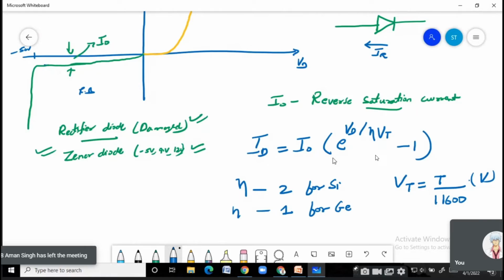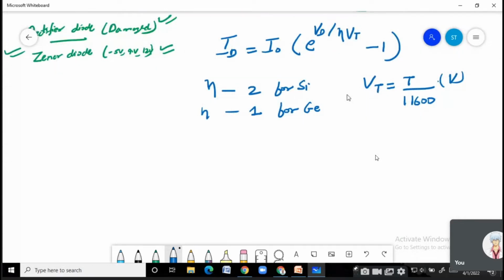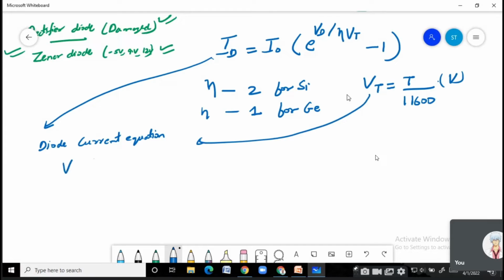So this is called the diode equation, the diode current equation, a very important equation. This VT is called the volt equivalent of temperature.